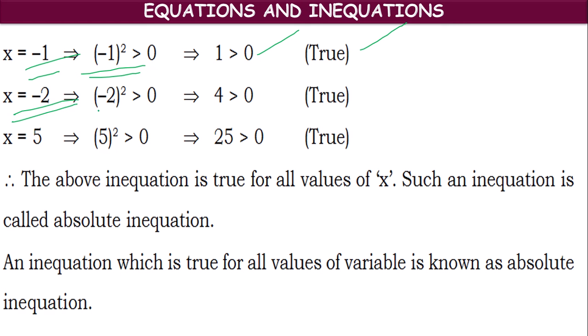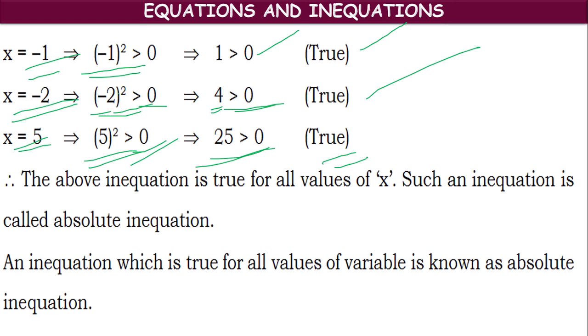Minus 2 whole square is 4, greater than 0, true. 5 whole square, 25 greater than 0, true. Like that, we can take a minus value or plus value or any value in the place of x, and it will always be greater than 0.